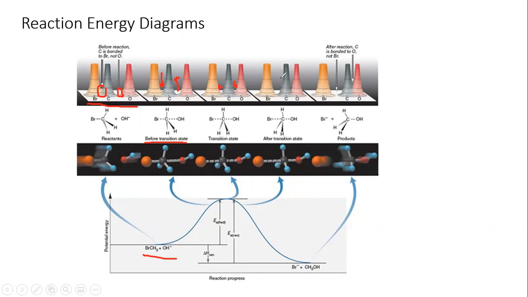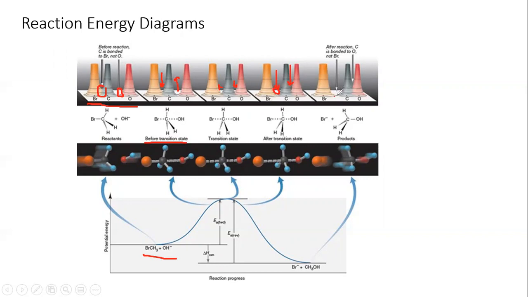After we get past the transition state, you start seeing the formation of a single bond between carbon and oxygen, and bromine starts to move away from the carbon. So there's no electron density, or very little electron density left between carbon and bromine. And then at the final state, bromine or bromide is completely separated from the carbon.